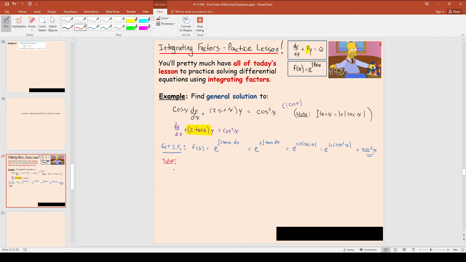So using the purple, we're going to get sec squared x dy dx plus 2 sec squared x tan x y, and that's going to equal, times this by sec squared x, this is going to be cos squared x sec squared x. Cool beans? Happy with that?